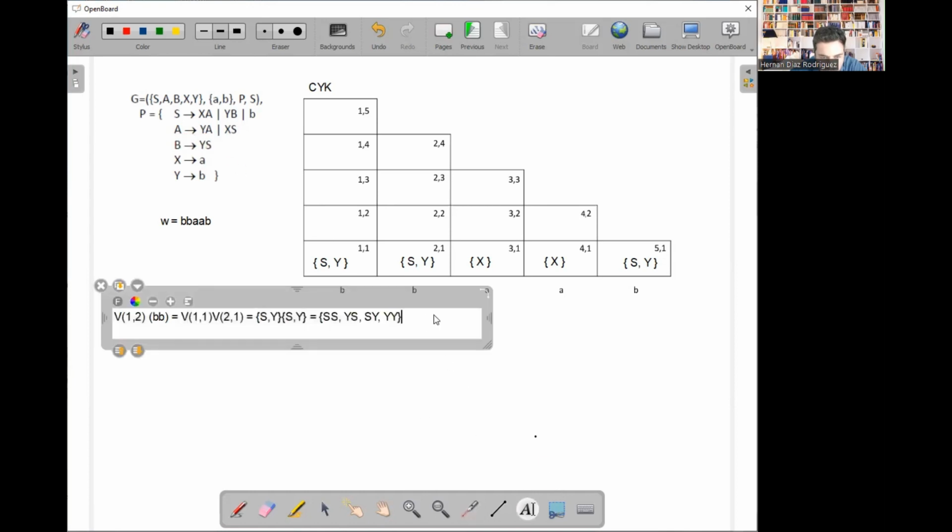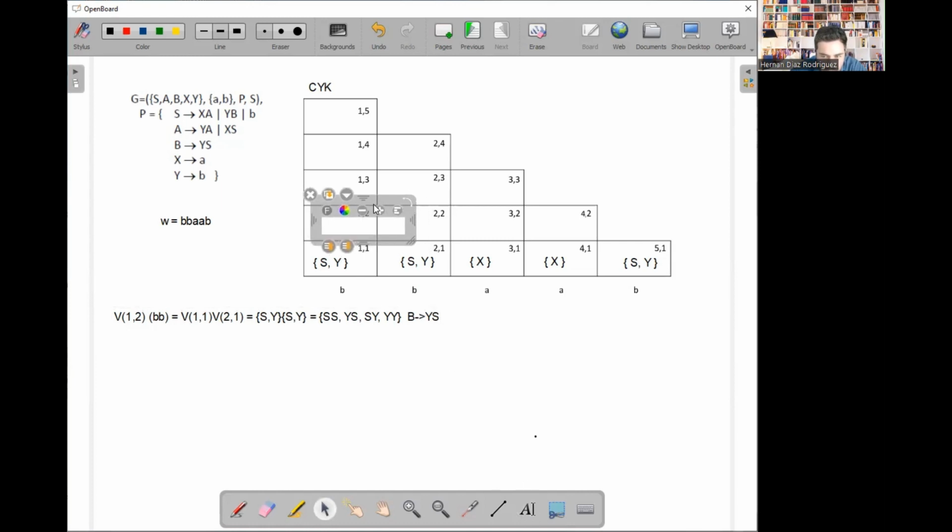So we can say that B produces ys. So we go here to this cell, and the only variable that can derive bb is the variable B. So if we look into the grammar, let's say that we start by B. With this y, we can derive lowercase b, and with s, we can derive lowercase b, right? So from this B, we can derive lowercase b, lowercase b.